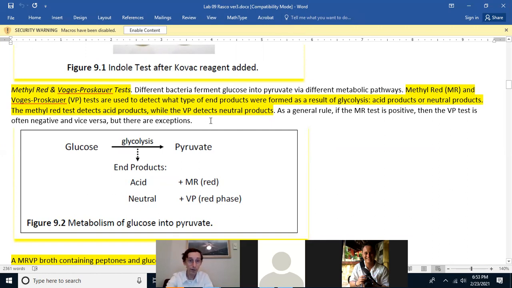Methyl red, or the MR test, and the VP test are both looking for the end products formed as a result of glycolysis. Acid products are detected by the methyl red test, and neutral products are detected by the VP test.